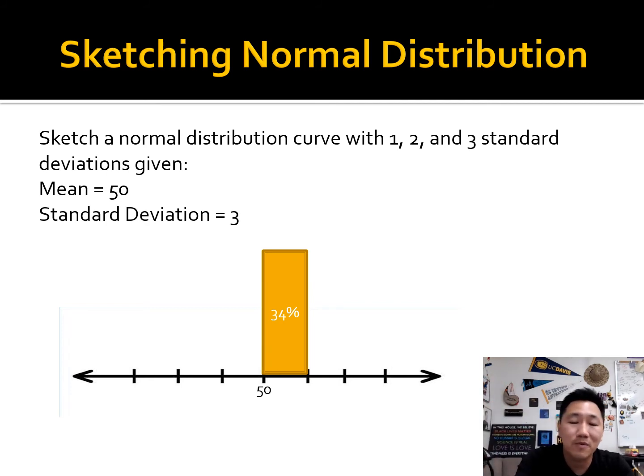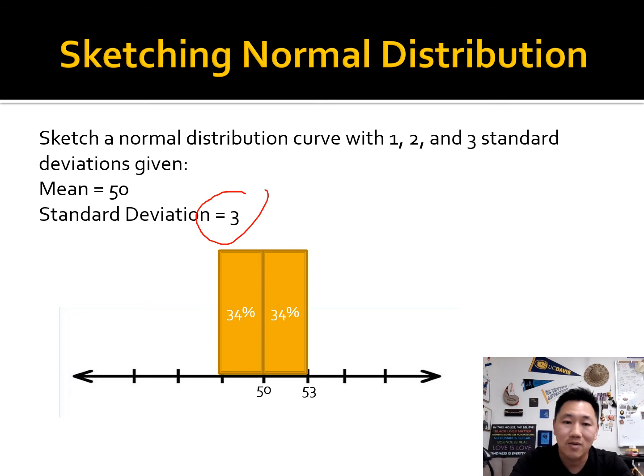That's going to be represented by 34% forward and 34% backwards. All right. 1 standard deviation away gets you at 53. Remember, standard deviation was 3. So up 3 and down 3. That is called 1 standard deviation.